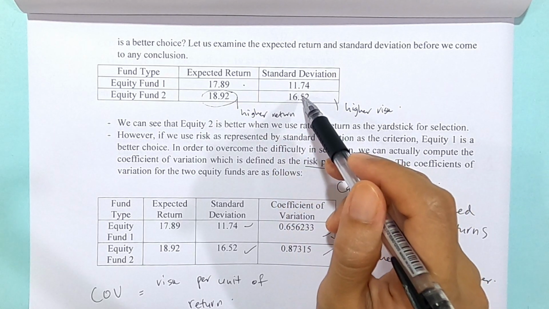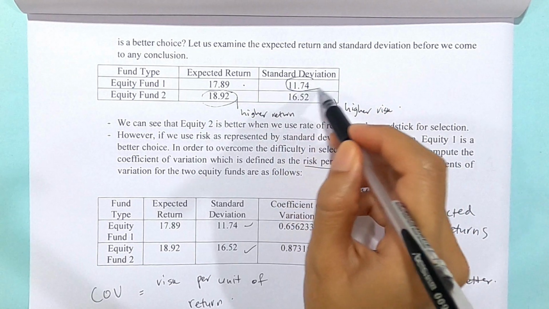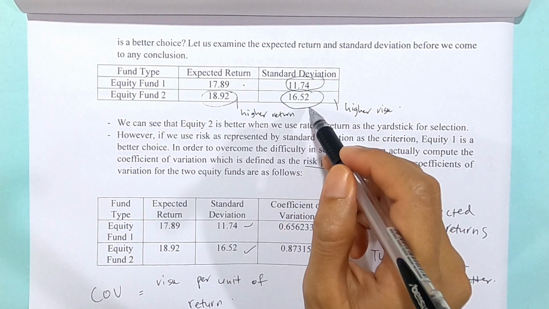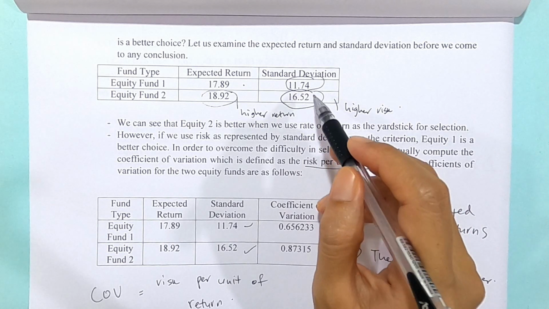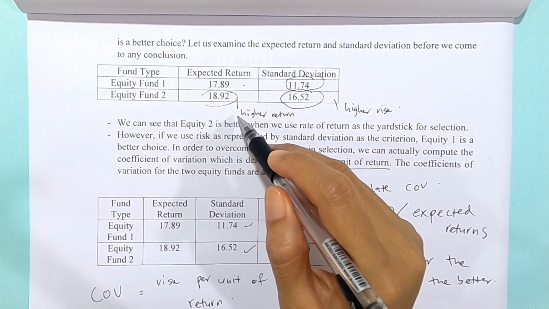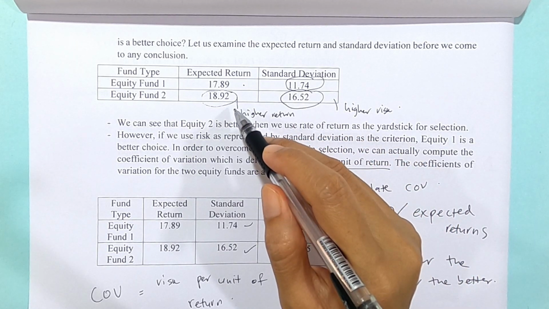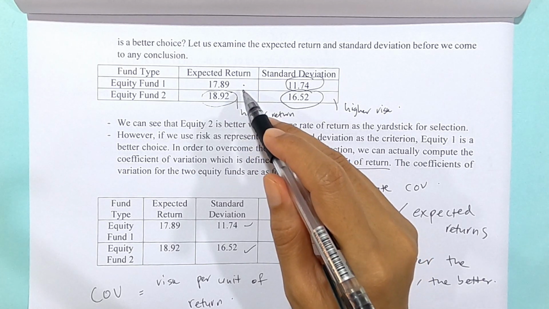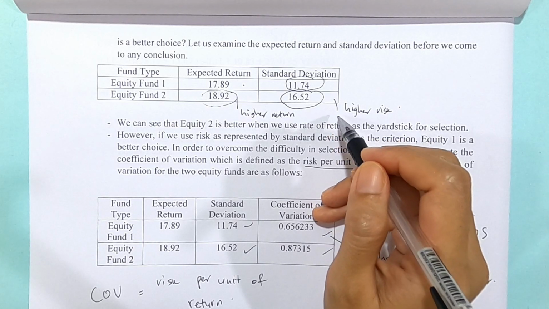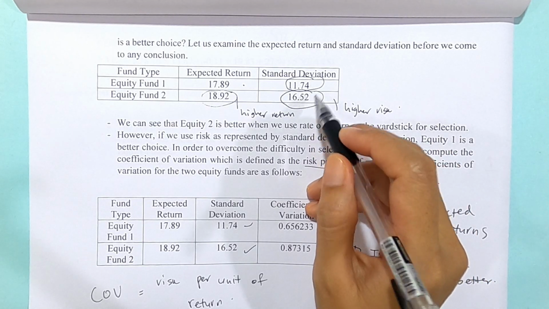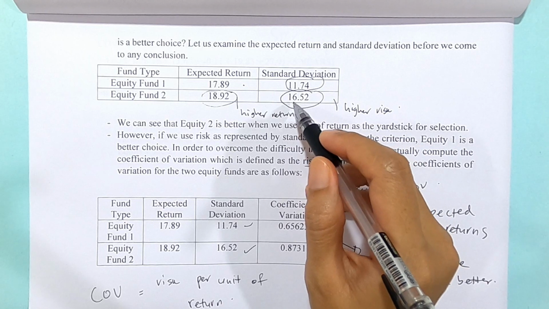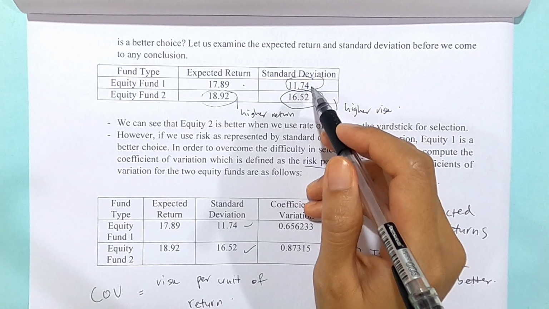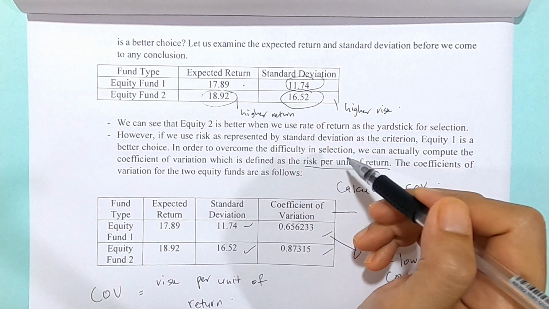The standard deviation, nevertheless, is lower for equity fund 1, but it is higher for equity fund 2, which means equity fund 2 is quite risky. The expected return is higher than equity fund 1, but in terms of risk, it is far higher because it is 16.52, while for equity fund 1, the standard deviation is just 11.74.